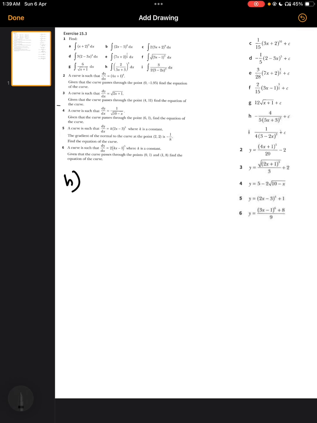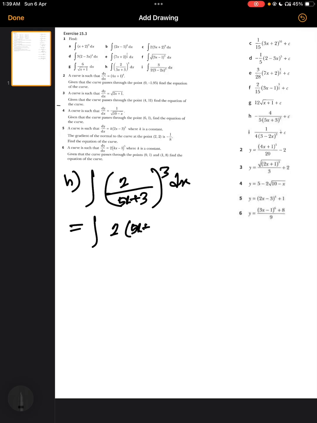Now, question number 8. The integration of 2 over 5x plus 3 to the power 3 dx here. Okay, there is no problem. What should I do here? Okay, so 2 times 5x plus 3 to the power negative 1, 4 times to the power 3, if I am not wrong.